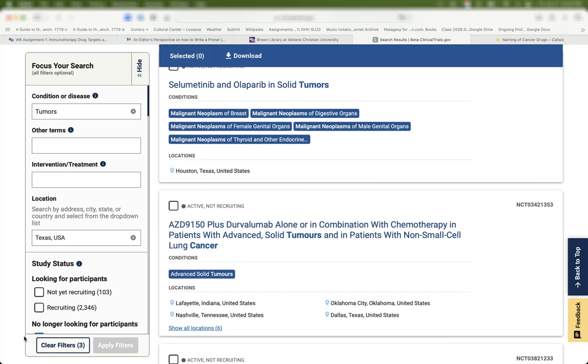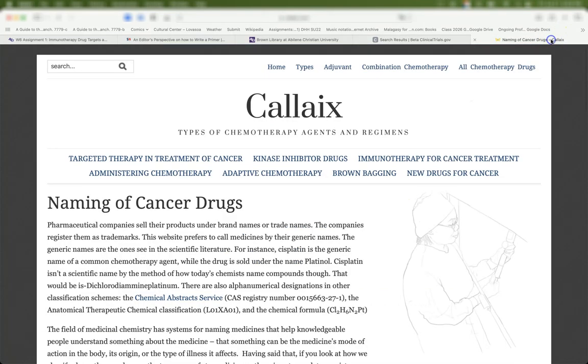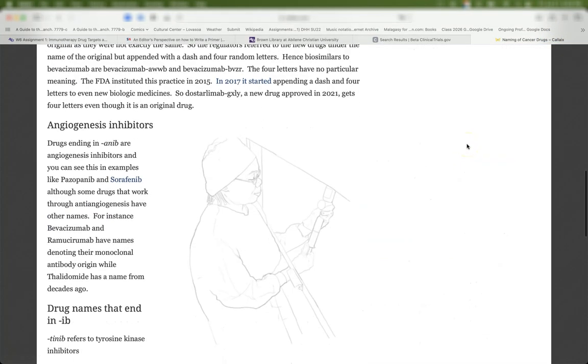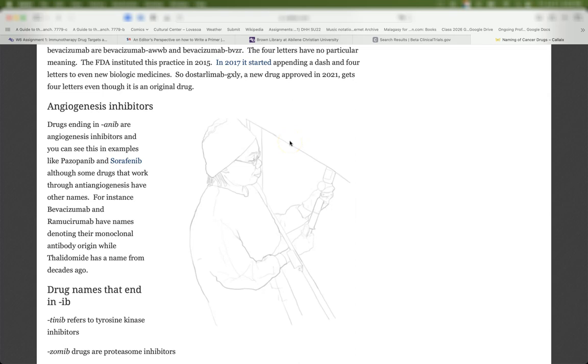So MAB at the end means monoclonal antibody. And if we looked at Calyx, which is a nice handy reference here, we could see that when we're looking at selumetinib, the anib tells us that's an angiogenesis inhibitor, and that the tinib is going to be a tyrosine kinase inhibitor.